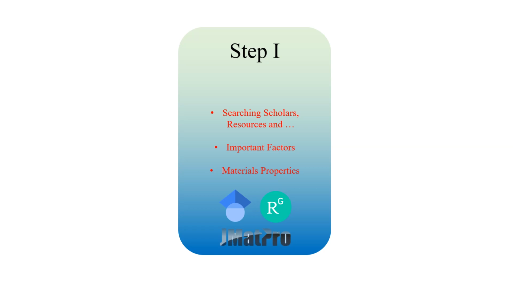Why do we have to find these resources? Because you have to find parameters or properties or characteristics of the process. It's really crucial to find these parameters, due to the fact that they affect significantly the final result of your simulation.